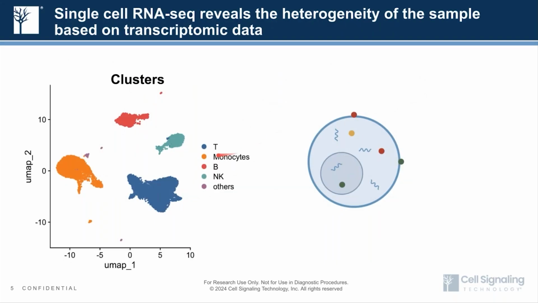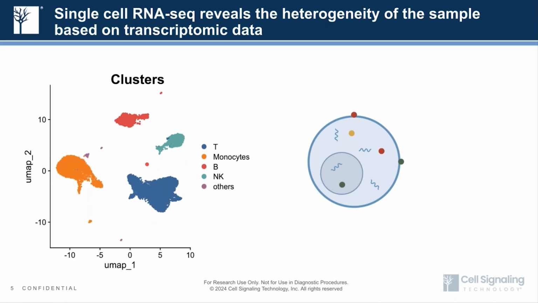Traditionally, single-cell RNA sequencing data sets are visualized in a UMAP, which is a two-dimensional plot that reduces multiple dimensionalities made from principal components. Each dot in the UMAP represents one cell, and each color here represents one cell type. In this case, for instance, the cluster of blue cells represents the T cells, and the cluster of orange cells are monocytes.